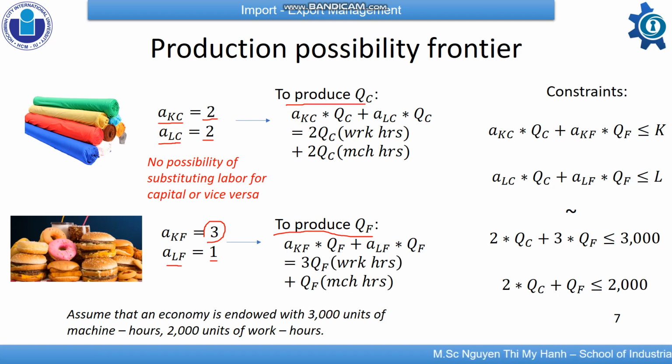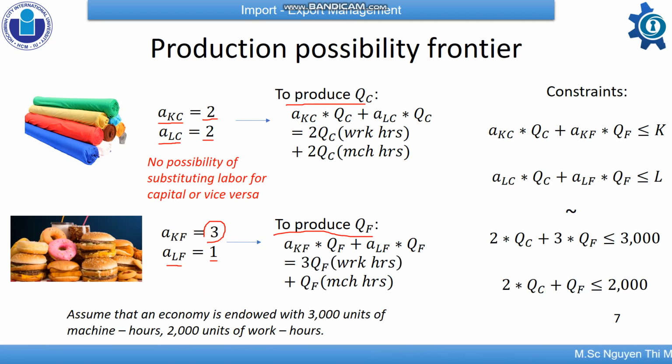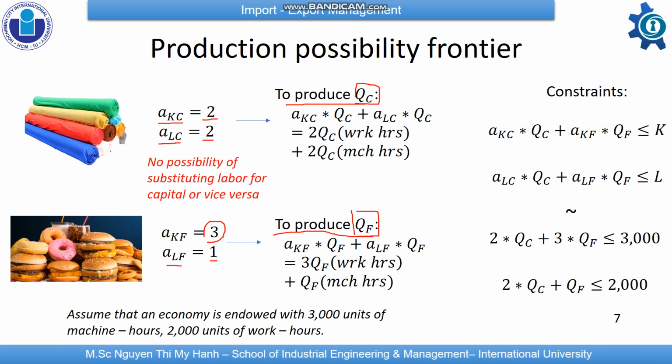And earlier we said that K and L are the fixed supply of capital and labor in the economy. So when we produce QC and QF, we have to make sure that the total capital will not exceed the capital capacity or the labor capacity.